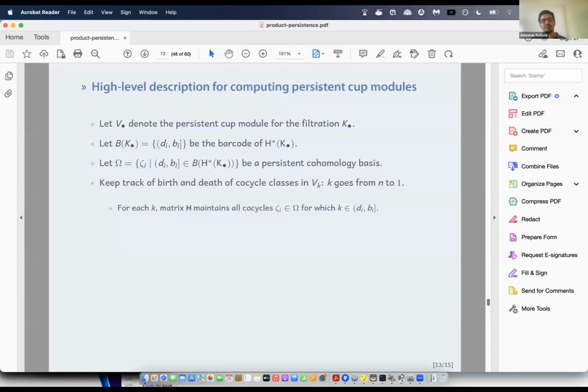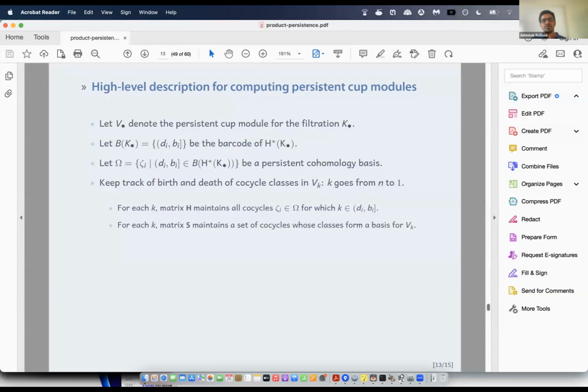And with the help of this matrix, we compute another matrix, and this matrix is S. The way this matrix is maintained is that you maintain a set of co-cycles which are product co-cycles.